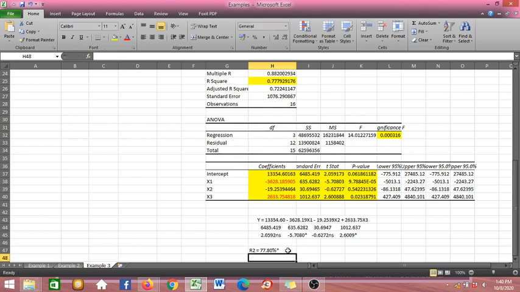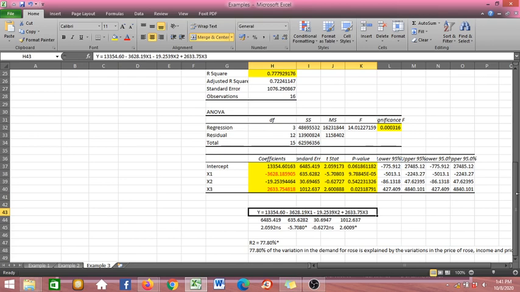And then we can interpret this as 77.80% of the variation in the demand for rose is explained by variation in the price of rose, income, and price of sunflower.